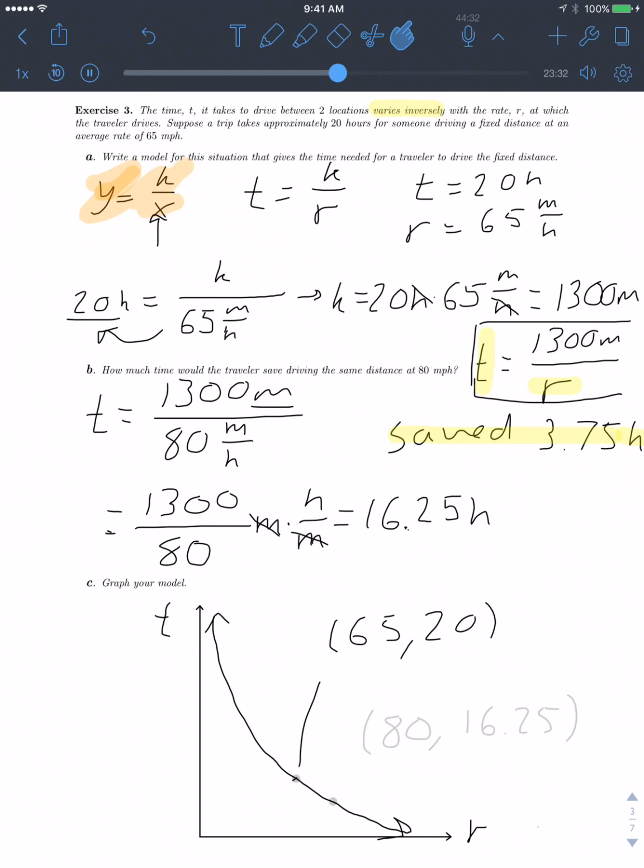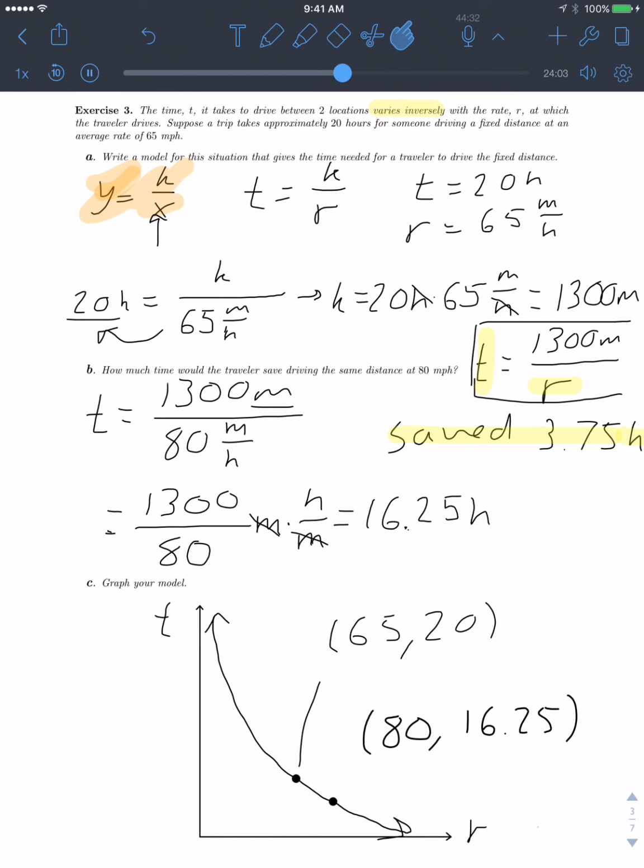And on the other end of the spectrum, if your rate is faster, your time decreases. So we see that if the rate goes up to 80, it only takes 16.25 hours to make the trip.